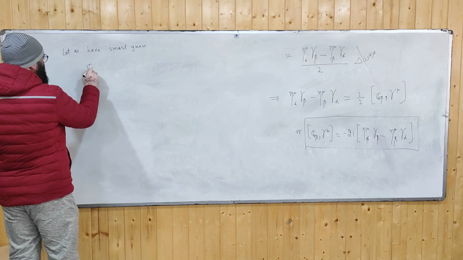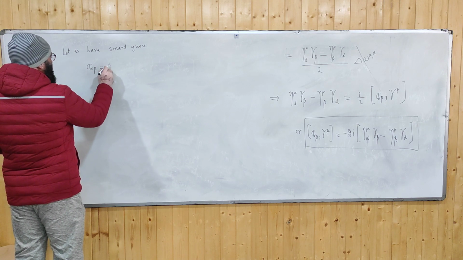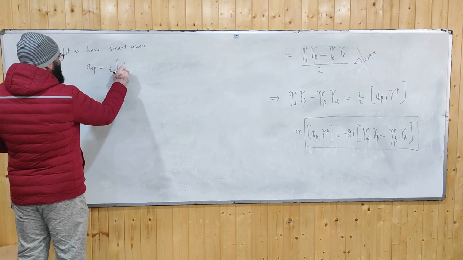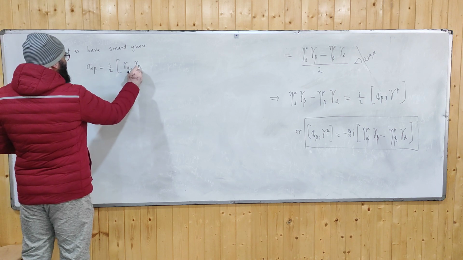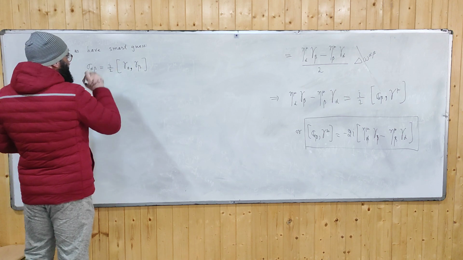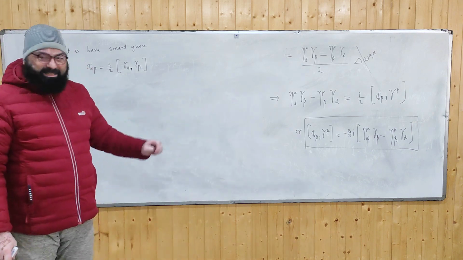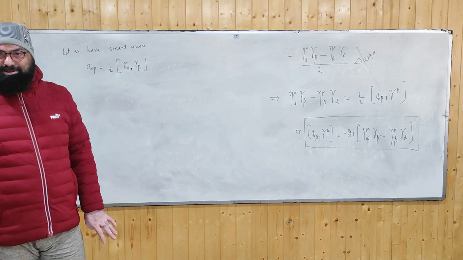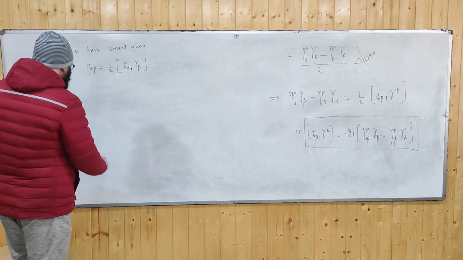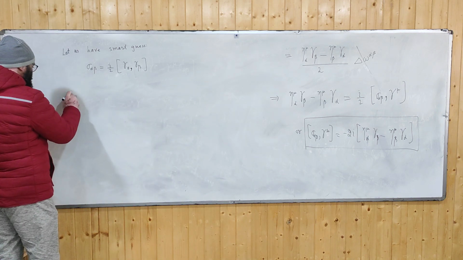We write sigma alpha beta as i by 2 times the commutator of gamma alpha and gamma beta. Let's check whether this satisfies that equation or not. So let's calculate the commutator.